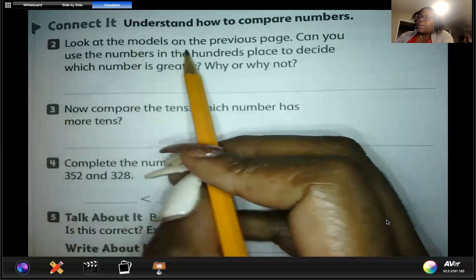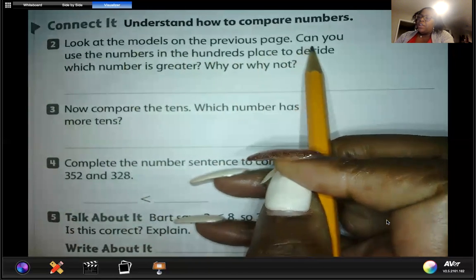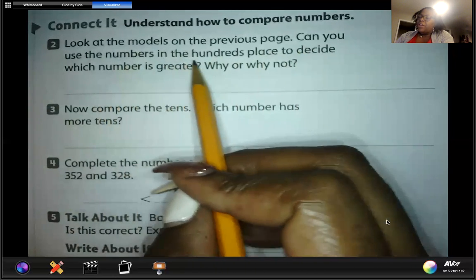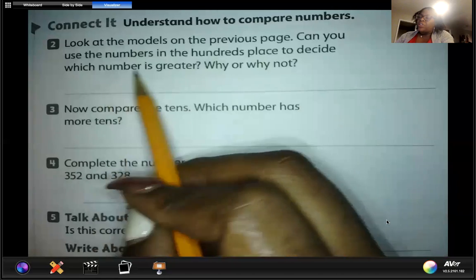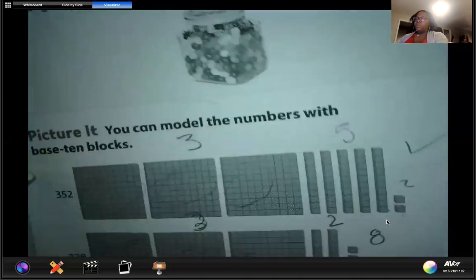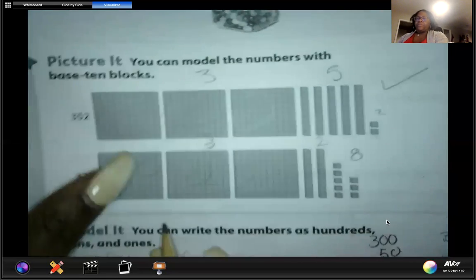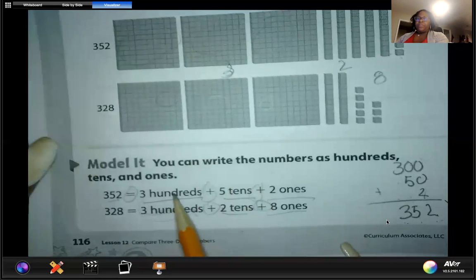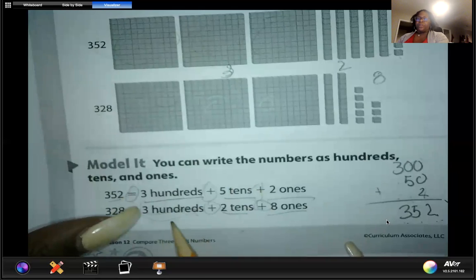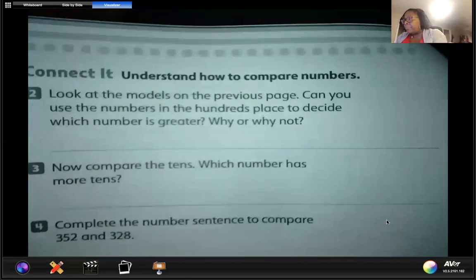Look at the model on the previous page. Can you use the numbers in the hundreds place to decide which number is greater? Why or why not? So we're going to go back. And what do we see? We see 300s and 300s. Well, we can't use the numbers in the hundreds place because it's the same number.